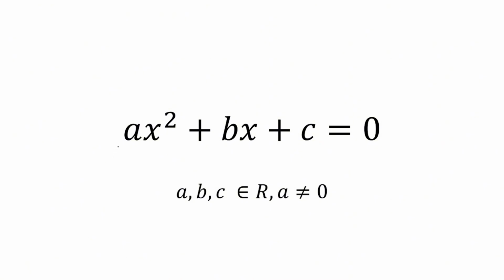So to begin with, you've probably seen this the first time in school. This is how the quadratic equation looks like. This is the standard equation for it: ax squared plus bx plus c is equal to 0.